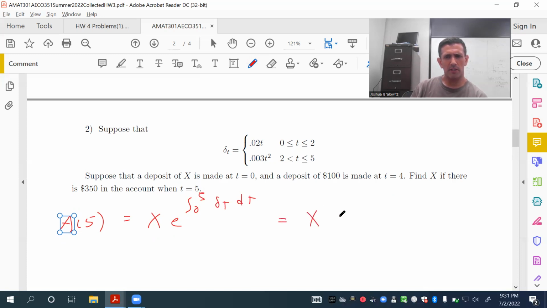So this is X e to the integral 0 to 2 of 0.02 T dt. Someone had multiplication; it's plus here. That's how you break up integrals. You add them, you don't multiply them. Plus the integral 2 to 5 of 0.003 T squared dt.